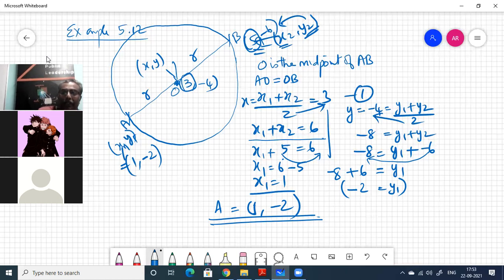You can substitute into x is equal to (x1 plus x2) by 2 and y is equal to (y1 plus y2) by 2, and easily find x1 and y1. Very simple. The answer is (1, -2).